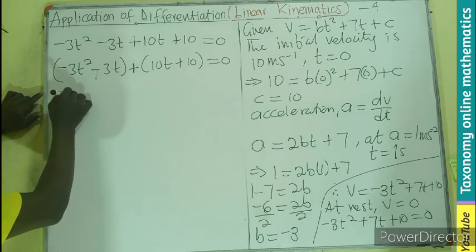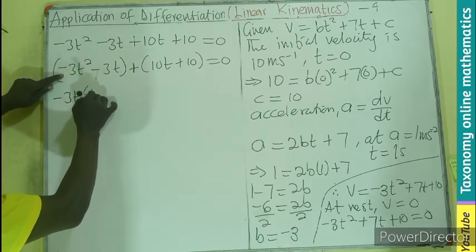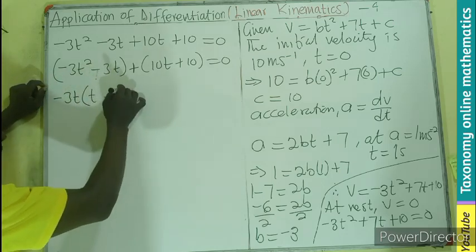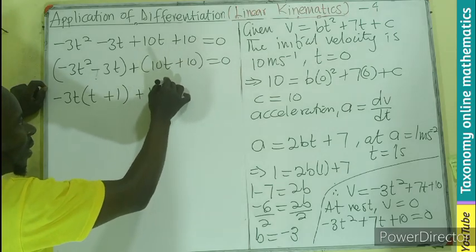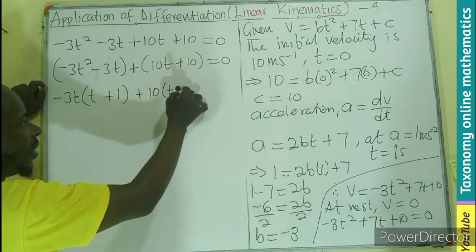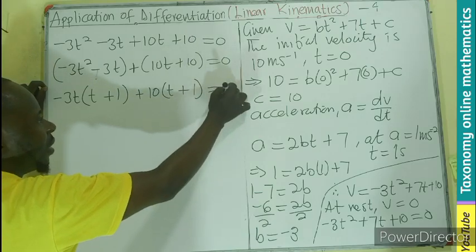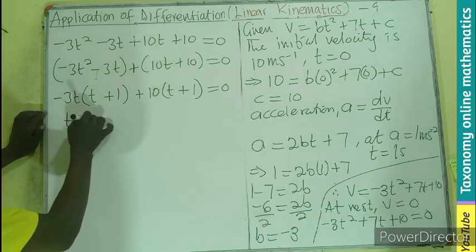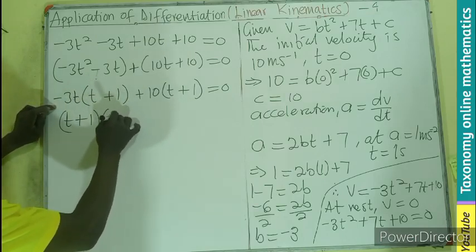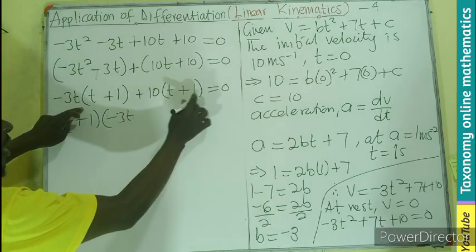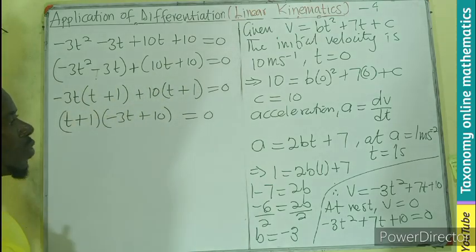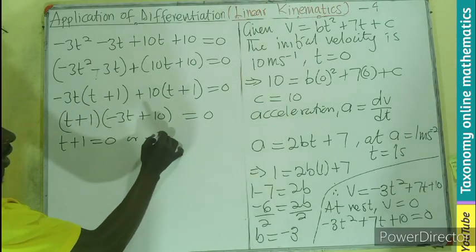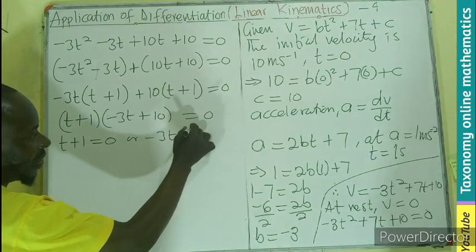The common factor is going to be minus 3t, and dividing, you get t plus 1. The common factor of the rest will be 10, dividing gives t plus 1. Now t plus 1 is a common factor, so we take it out, and dividing gives minus 3t plus 10 equals 0.